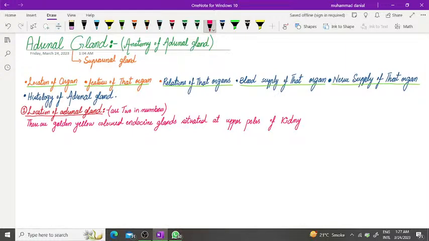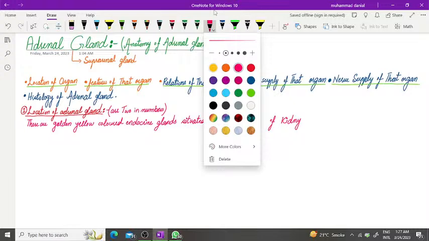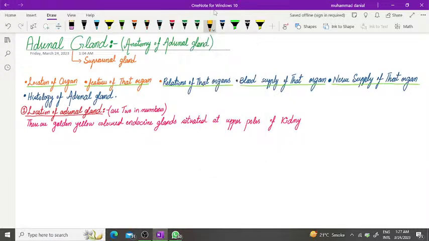Now come towards the second heading, that is features of the adrenal gland.